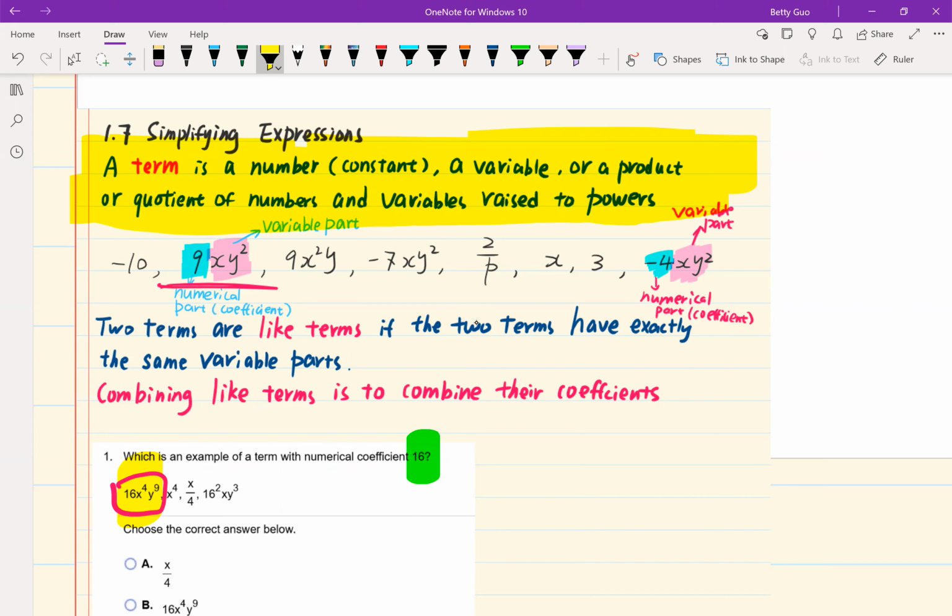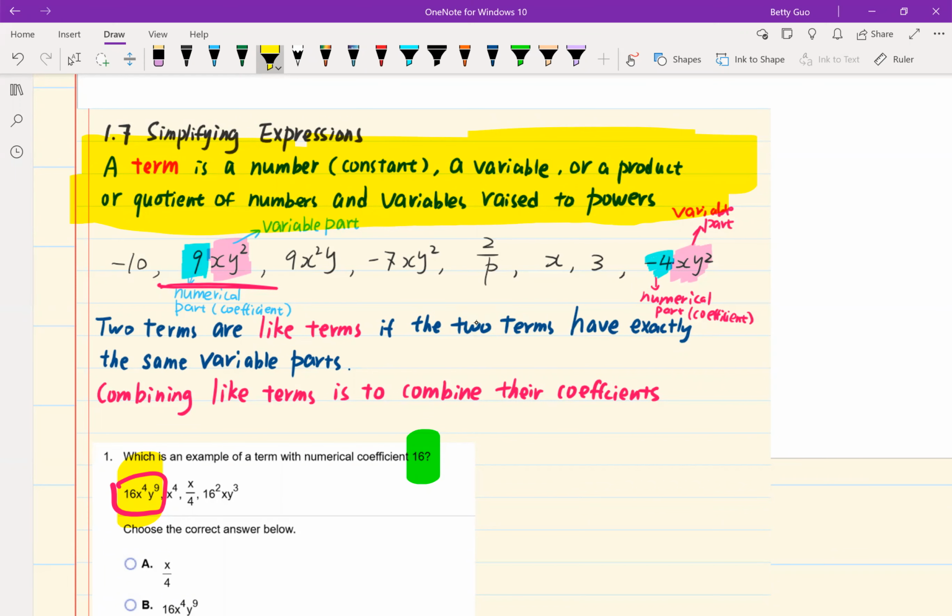2. Okay? So as I mentioned earlier, there's an easy way to determine if an expression is a term or not. If inside the expression there's no plus or minus or any other operation like a square root, then the expression is a term.